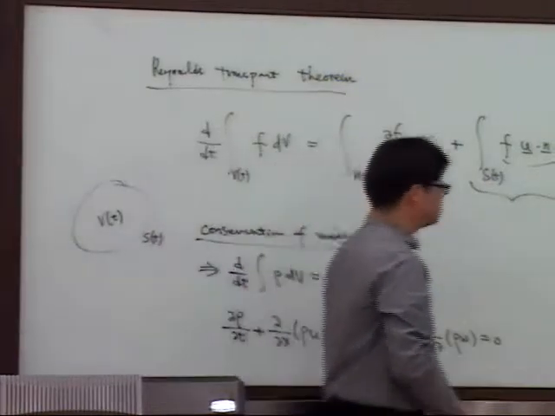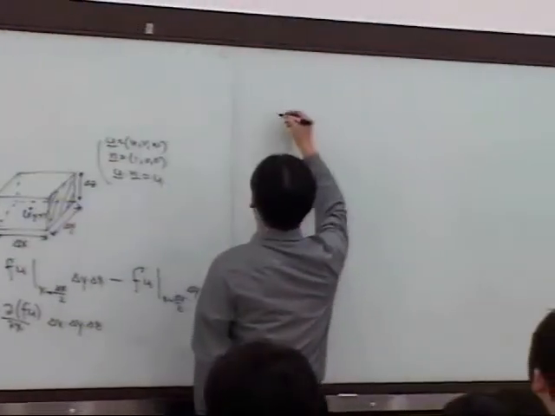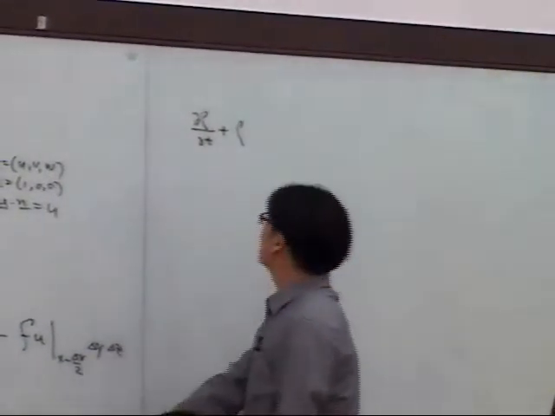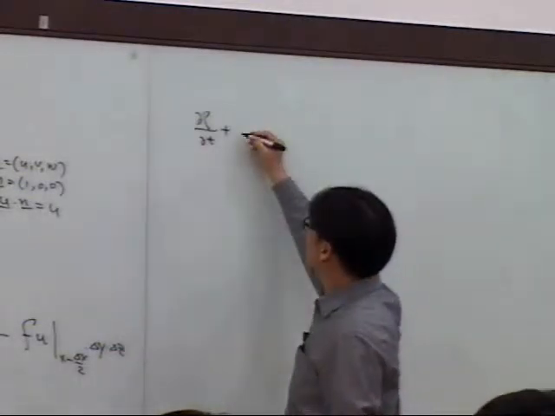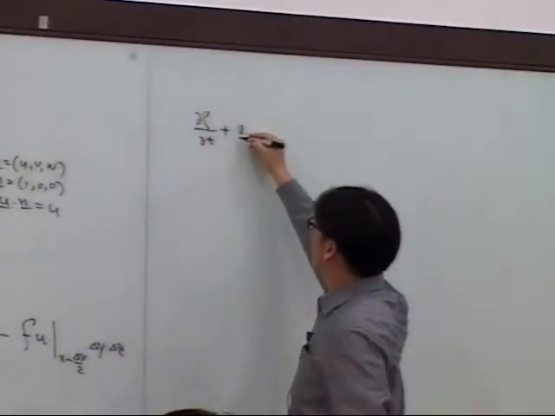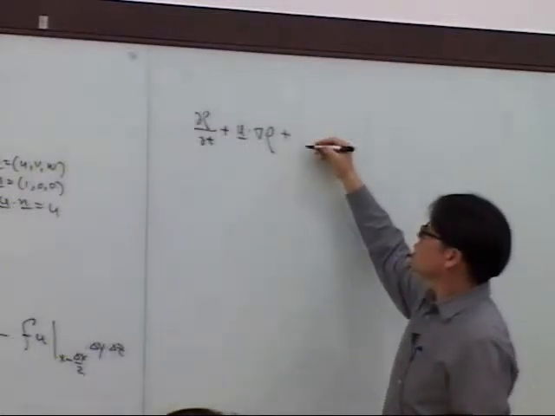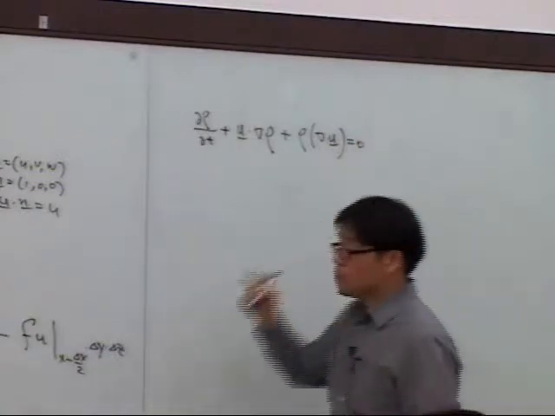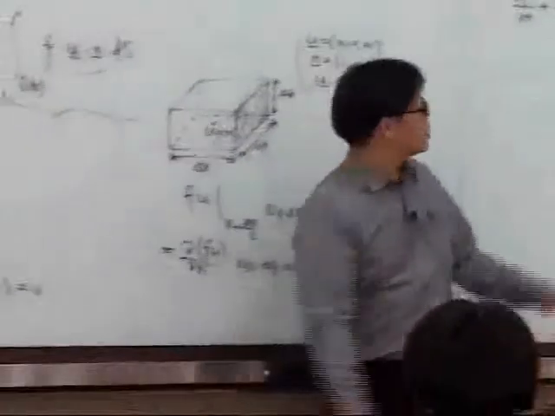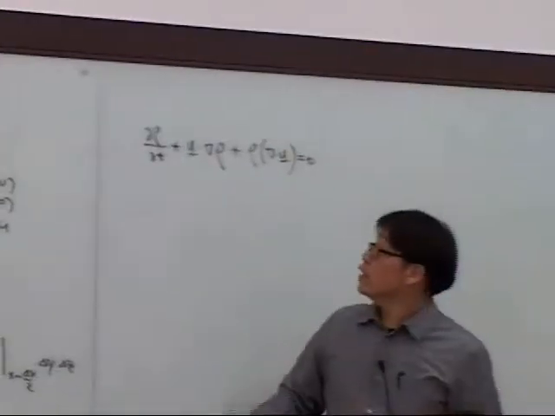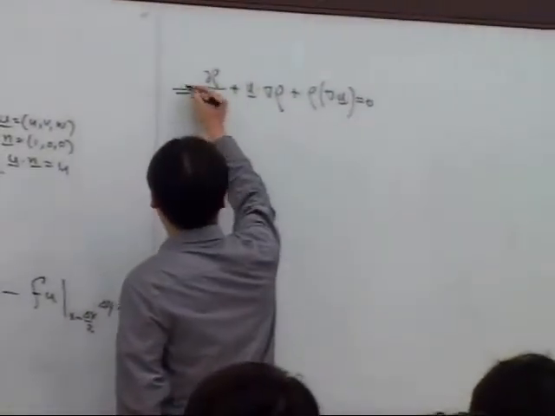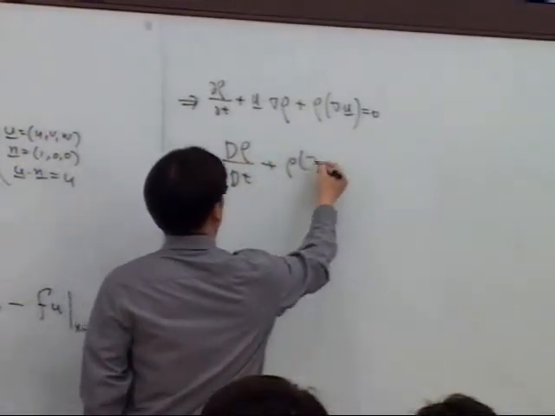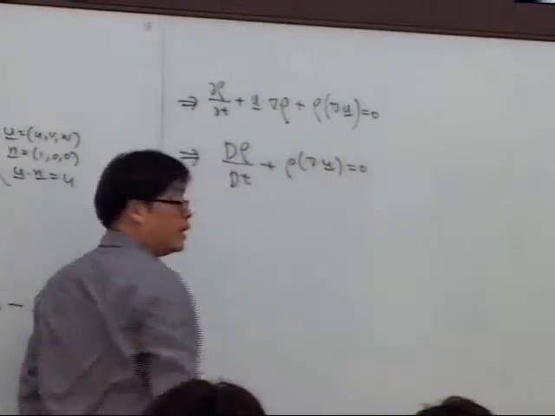And then I said that the equation can be written in this way. So you expand this, and if you use vector form, this is what you end up with. And this one, I can rewrite in terms of the material derivative. Okay?